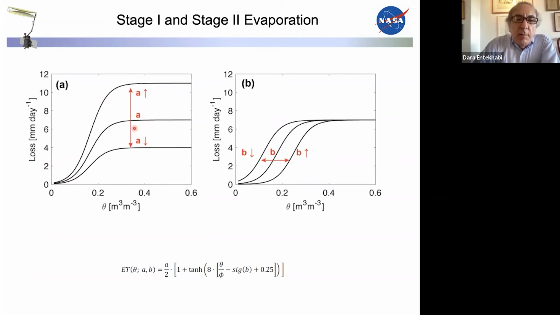And let's say that we just define a mathematical function that has this sort of two regime behavior. It can move left and right depending on parameter B. It can move up and down depending on parameter A. This function, depending on A and B, allows this two regime behavior to be anywhere in this 2D plot. So we're not saying what A and B should be, but all we're saying is that there should be two regimes with a breakpoint somewhere in this 2D space.